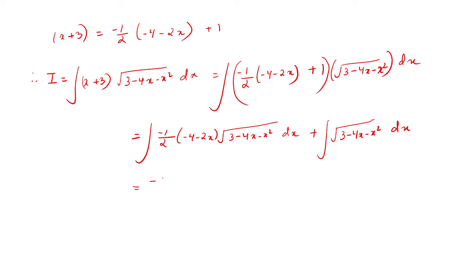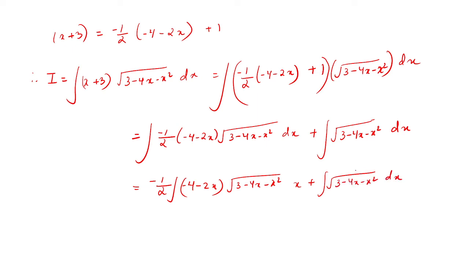Take out this constant term outside and rewrite this as 4 minus 2x. This is just an unnecessary step, okay. You can always proceed without this step. Finally, you can write this as minus half of I1 plus I2. Okay, so you know what I1 represents and I2 is represented by this, alright.